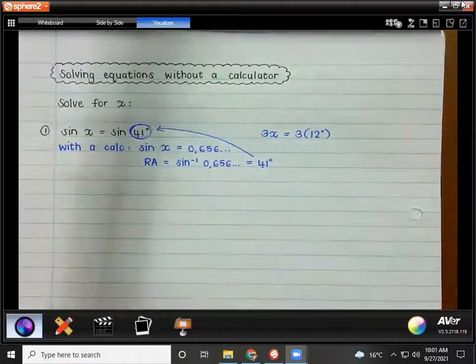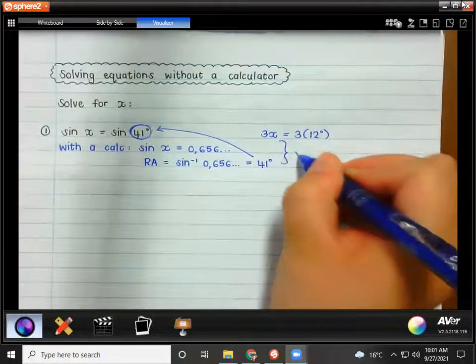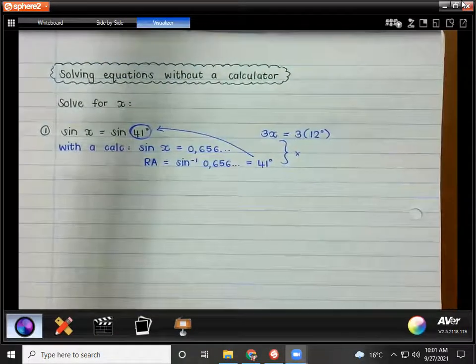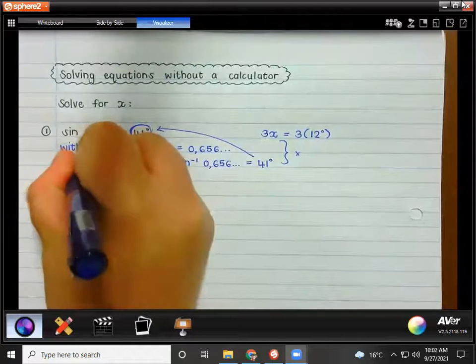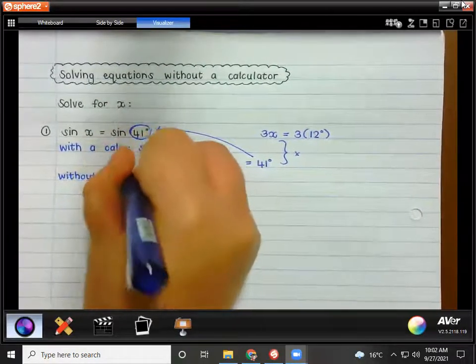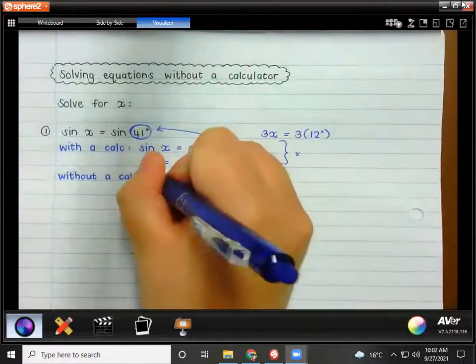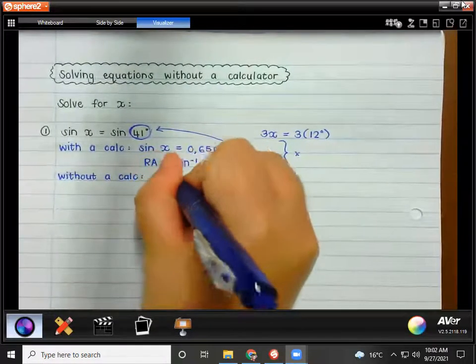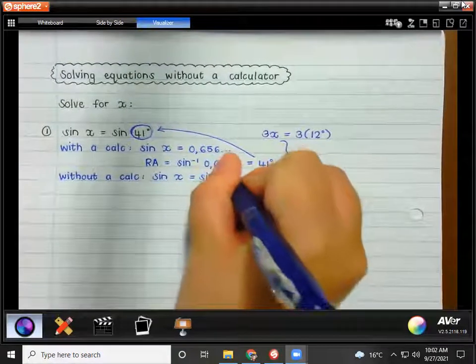In fact, if the question is saying without the use of a calculator and you do this, you're going to get 0 because you haven't followed the instructions. Okay, so let's write here without a calculator. I'm just going to rewrite the question. Sine x is equal to sine 41.